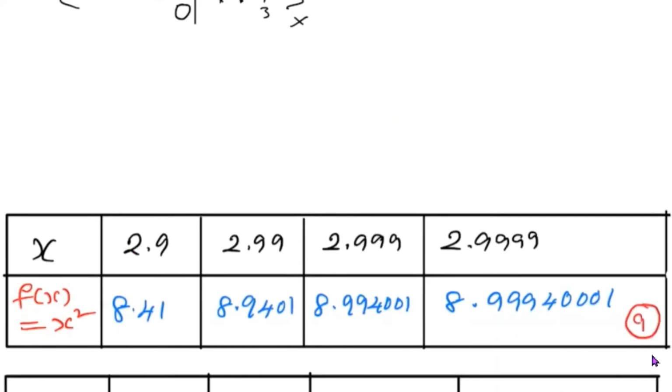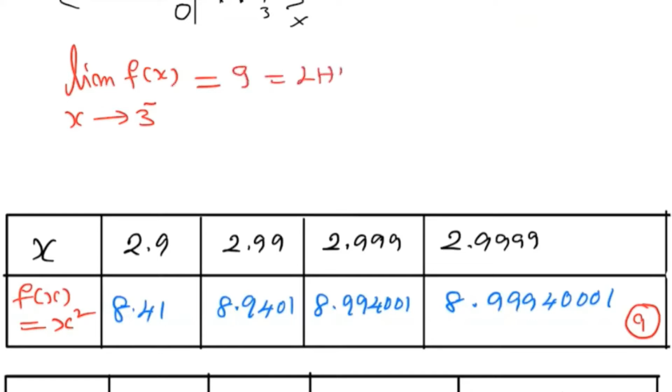So this value is called the left-hand limit of the function, and we write this as limit of f of x as x tends to 3 minus, where the minus on the top indicates you are approaching the value through values which are lesser than 3, is 9. That is the left-hand limit, because we approach the value 3 from the left of 3 on the number line.